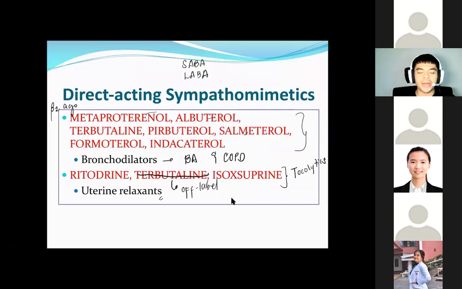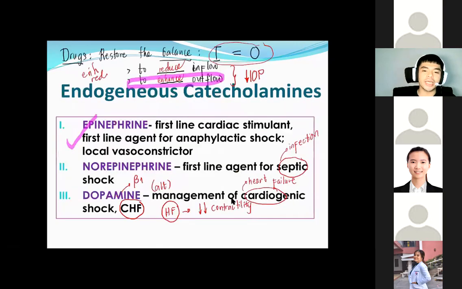O para hindi kayo maiwan sa discussion natin, let's recall briefly the things that we have discussed so far. So regarding clinical uses, we started with direct acting. Okay? Sa direct acting, di ba, meron tayong non-selective. Non-selective are the catecholamines. So na-discuss natin ang clinical uses nila.